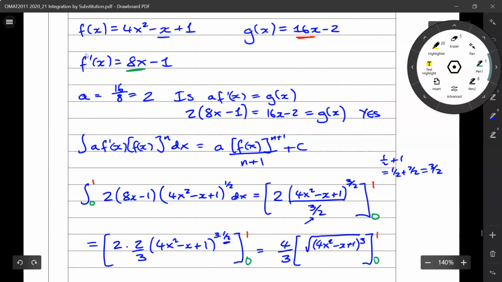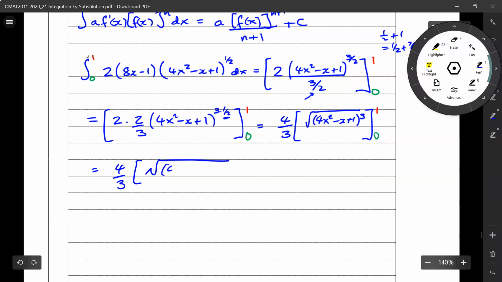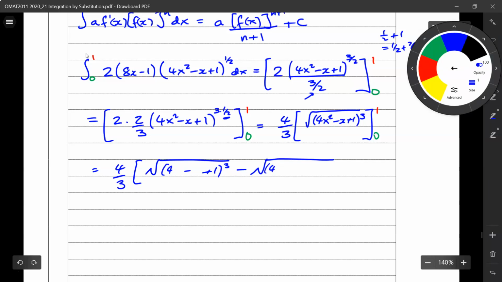So if I just scroll down here and continue on, that gives me 4/3 times the root of 4x squared minus x plus 1, all to be cubed, minus the square root again of 4 times 1 squared minus 1 plus 1 cubed.